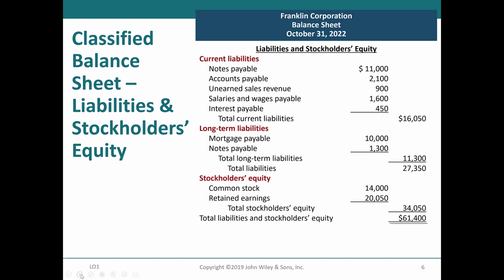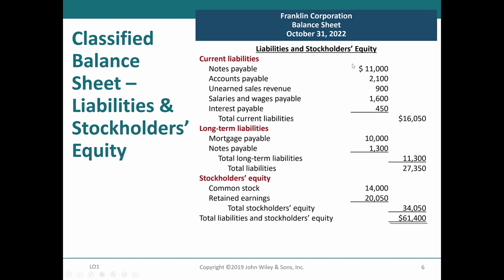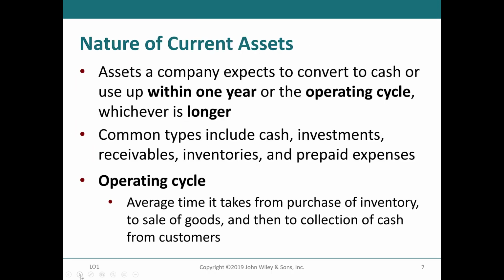Okay? So for the total assets here, we see that we had 61,400. And the addition of our liabilities and stockholders' equity also gave us what? 61,400. But we see how they arranged it in order. We have the current liabilities, the long-term liabilities, and then the stockholders' equity.